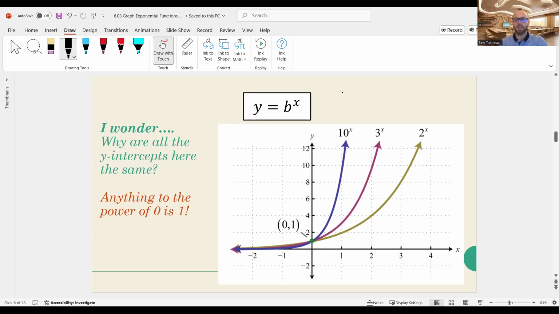And y-intercepts have an x value of 0. All y-intercepts have an x value of 0. So here, 10 to the 0, well, that's 1. 3 to the 0, that's 1. Same thing here. That's why they all share the same point. When x is 0, y is 1. Right there.